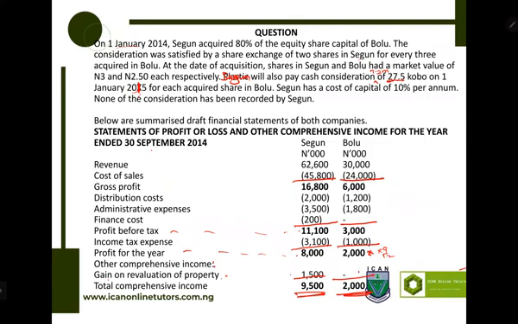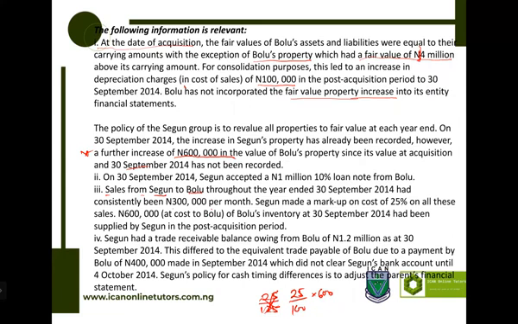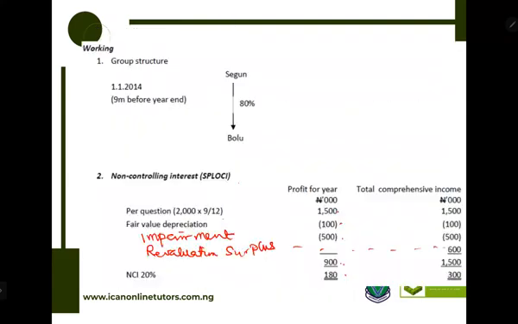This gain on revaluation property is the further increase of 600 that they were telling us. This further increase of 600 is an upward revaluation in Bolu's property. So we have to take note of that while calculating non-controlling interest.